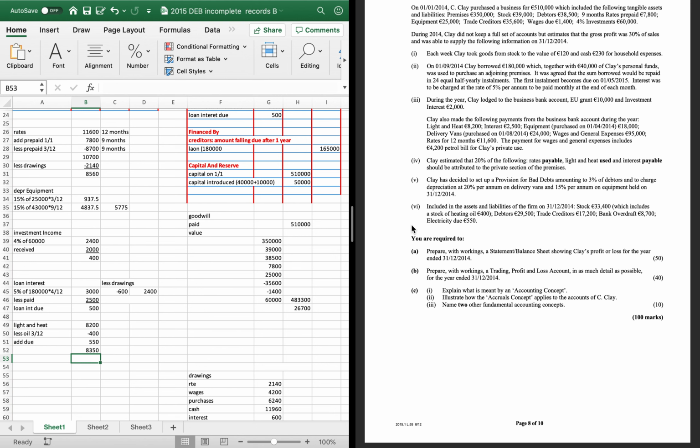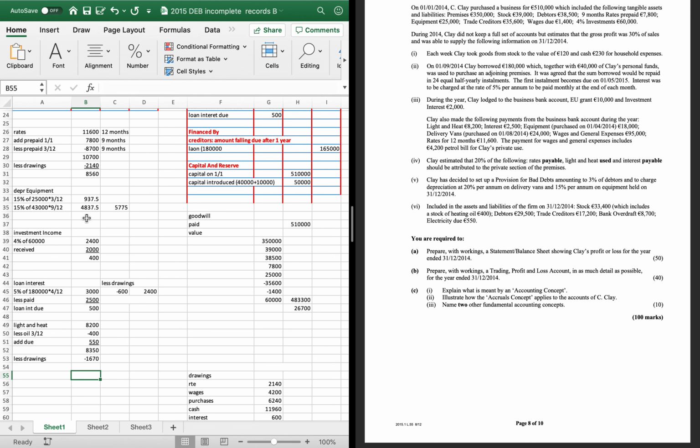So from there, you need to see if there's drawings. So there you go, light and heat used, there's drawings, and it's 20%. 20% of the light and heat used, so for 1,350, which is 1,670.